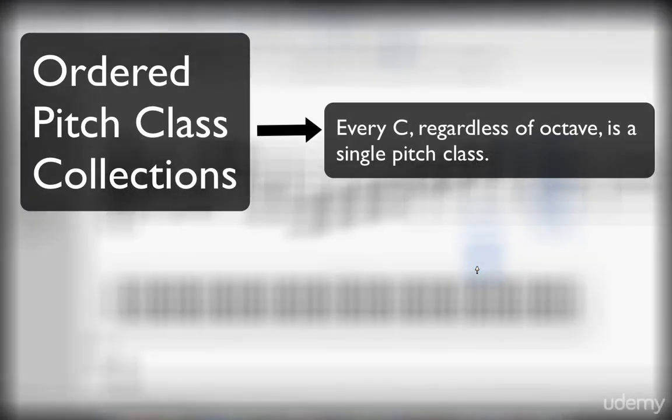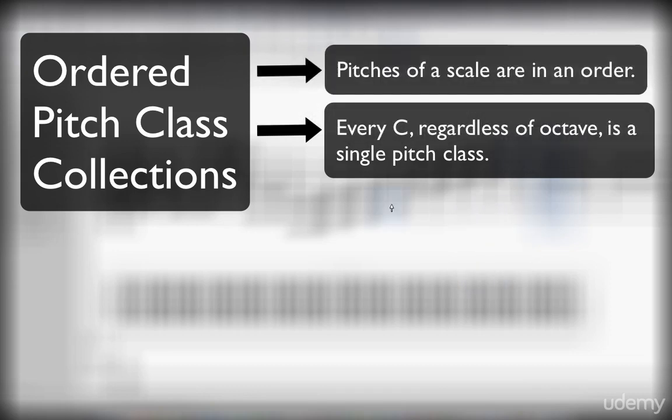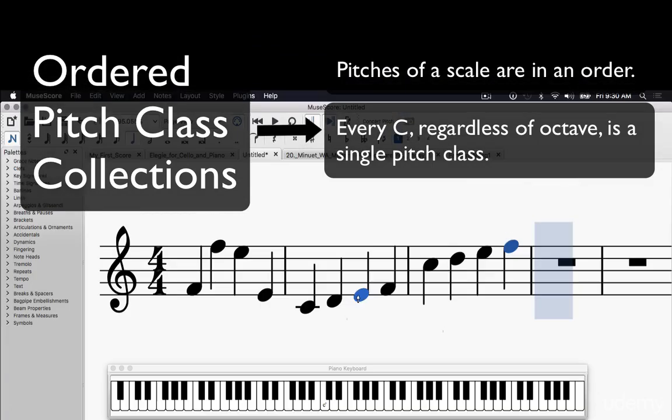Now let's go to the first word of this goofy little phrase, ordered pitch class collections. So the word is ordered. That means scales are in an order. This is the first note, the second note, the third note, and the fourth note. Now what I have up here on the screen right now is a little incorrect.